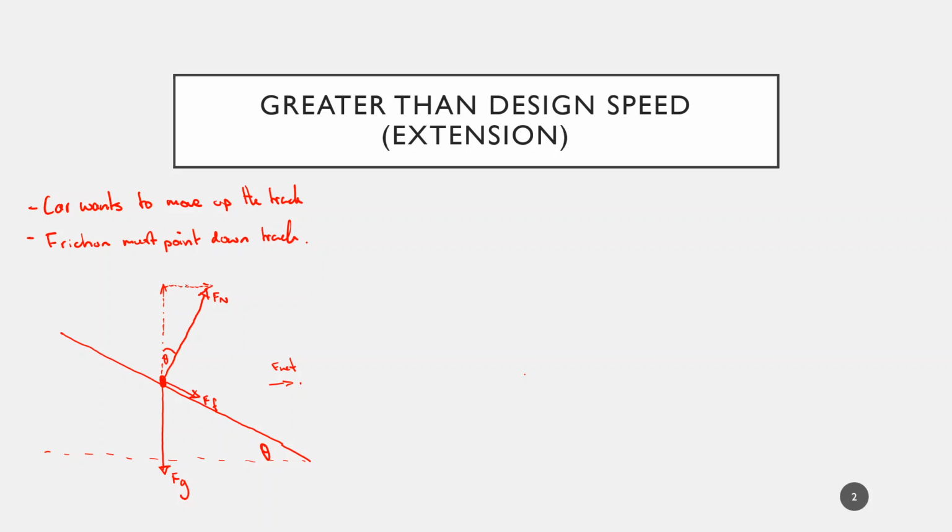So the horizontal component of normal is written as Fn sine theta, just like before when we were dealing with design speed. And the vertical component is Fn cos theta.